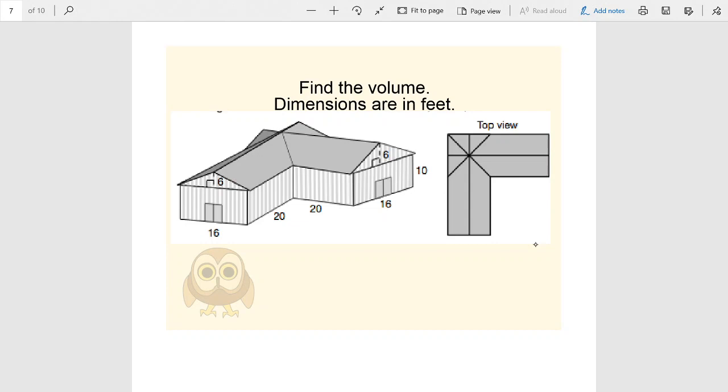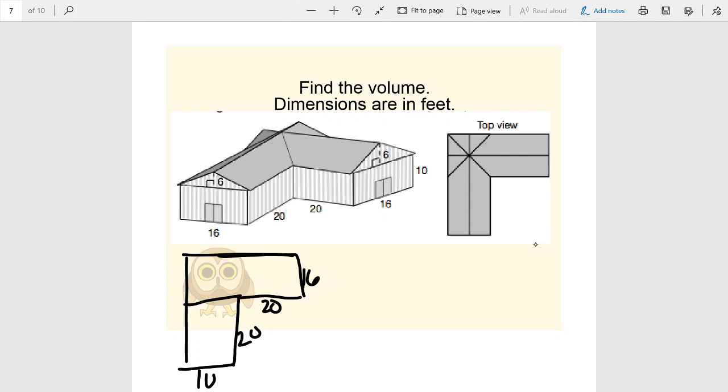Okay, so I'm going to use this, and I'm going to first find the volume of these rectangular pieces. Now, lots of ways to do that. You could actually find the volume of each of these, so 16 by 20 is what we see here, and 20 and 16, meaning if I were to find this side length up here, I would be doing 20 plus 16, so 36.